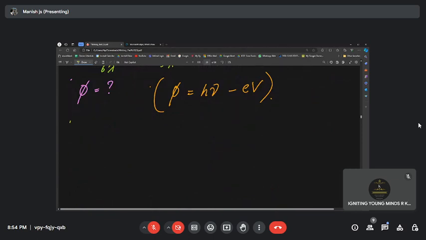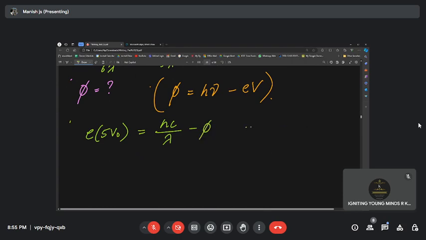I'll rearrange and keep the work function on the right side. So in the place of V, I will put 5 V naught. Are you understanding? So e times 5 V naught is equal to hc upon lambda minus phi.